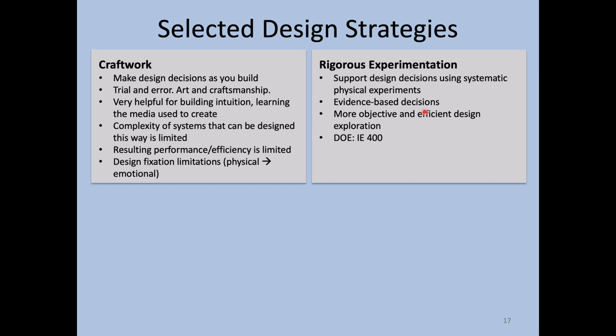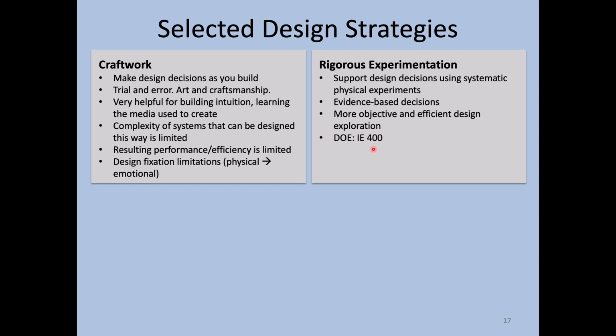This becomes increasingly important as the systems we are designing become more complex, and also as we start to venture into the realm of systems that are very different from human scale things, whether that's human scale in terms of size or human scale in terms of time. And so for things that we don't have really good innate intuition for, this is where we really need to use a more rigorous approach based on objective data. So this is a more objective and efficient design exploration strategy.